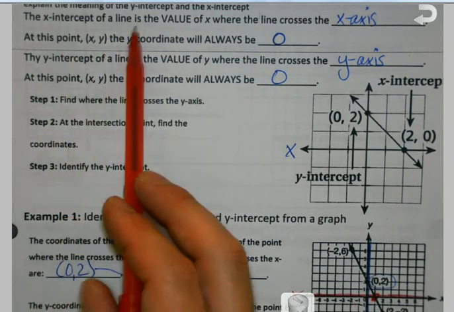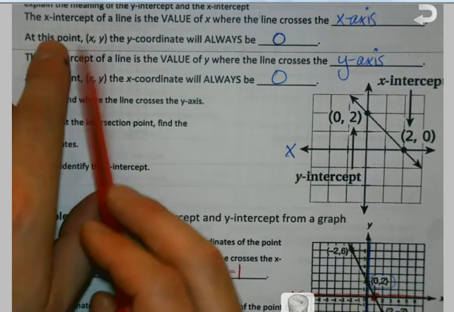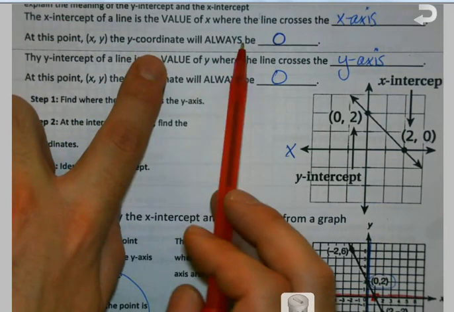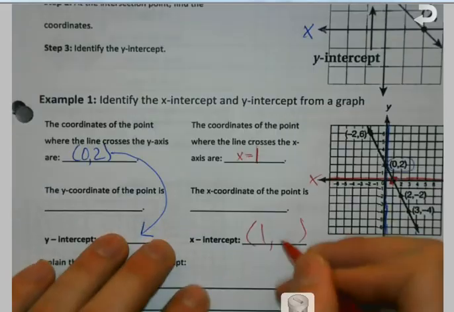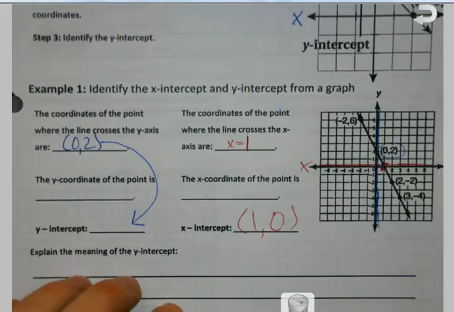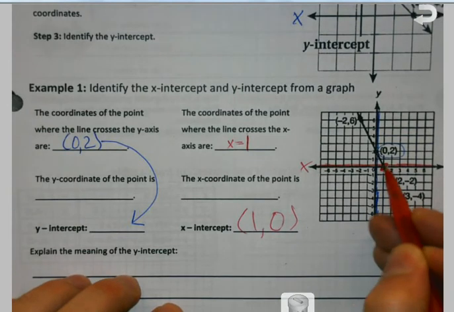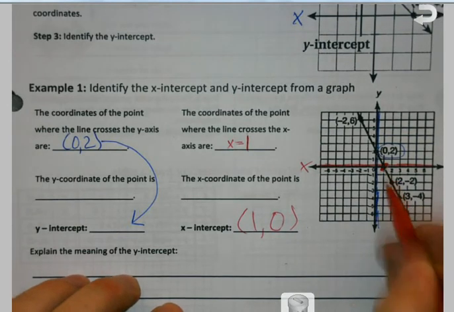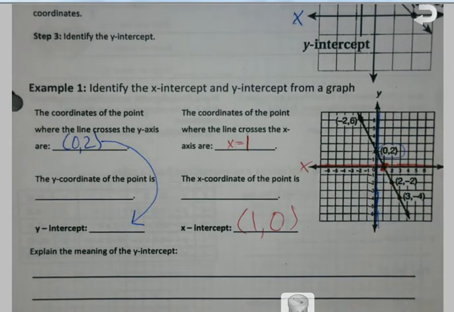When I find the x-intercept, at this point, the y value will always be 0. So my x-intercept is at 1, because that's where the x is, 0, because I didn't go up or down at all. So you notice with my intercepts, one of the numbers is always going to be 0, whichever one I'm not finding.